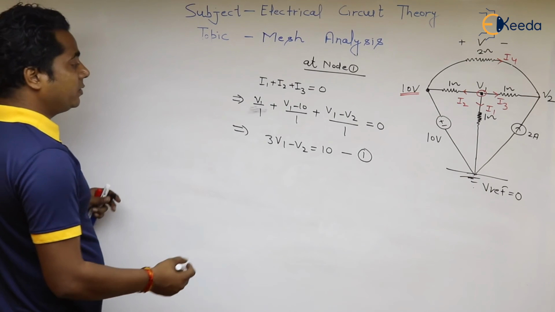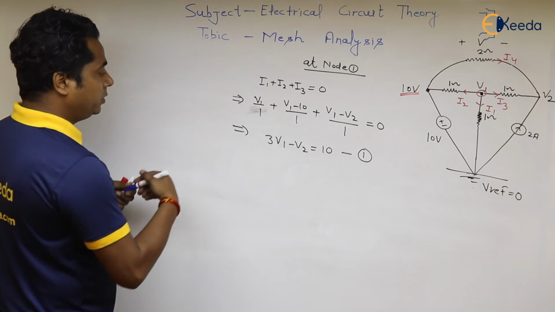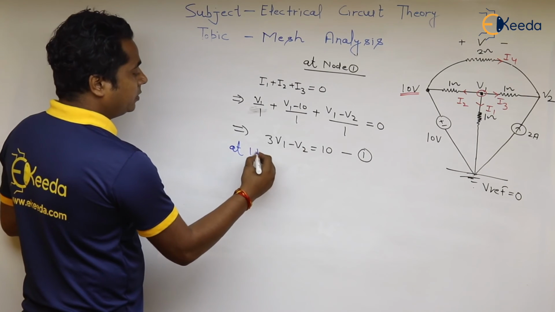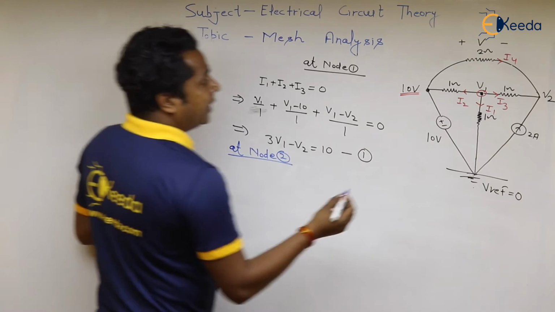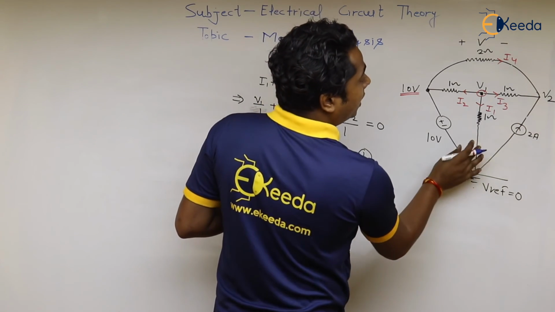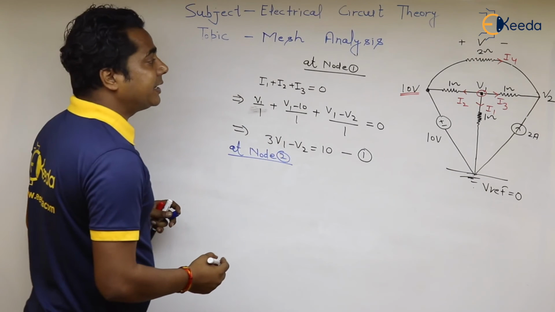And again at node number 2, we can see the currents I2, I3 and I4, all 3 are incoming currents.